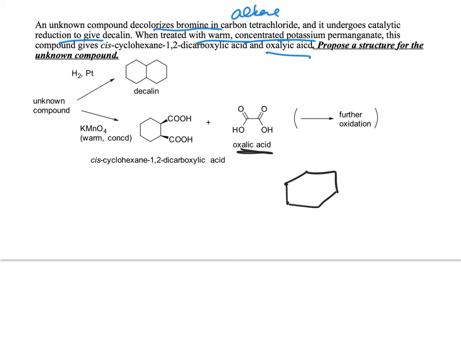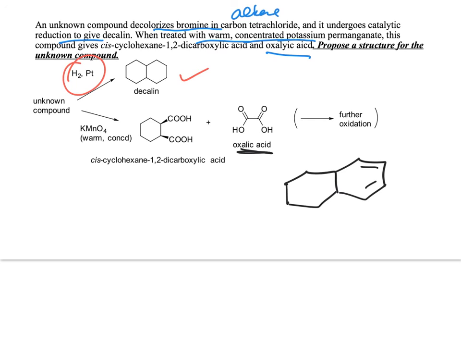So you have an alkene, and your alkene would look something like this, because you can imagine that this would get reduced with hydrogen and platinum to give you decalin.